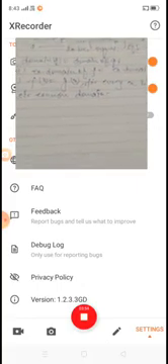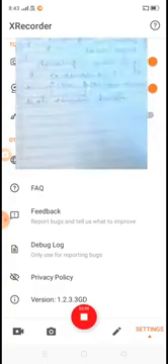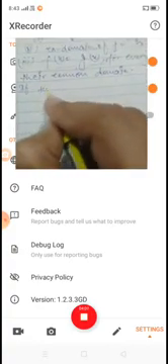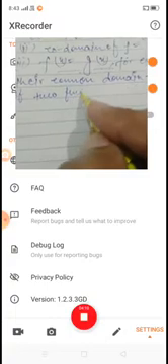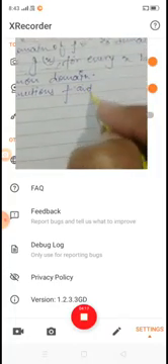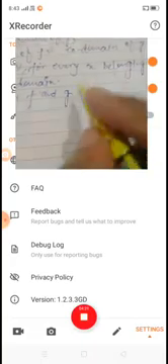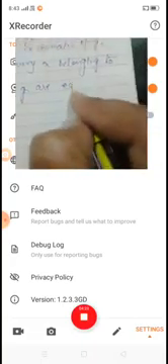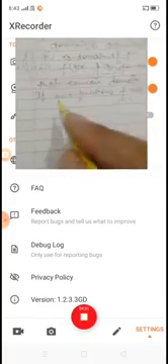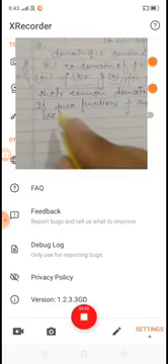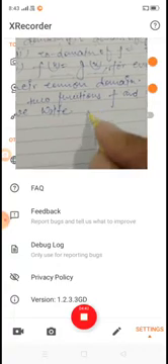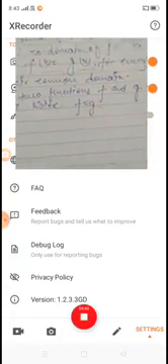Let's see. One important thing is that if two functions f and g are equal, then we write f is equal to g.